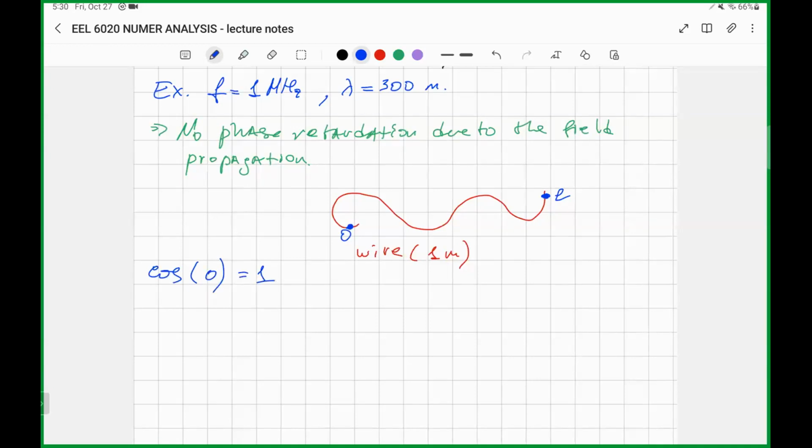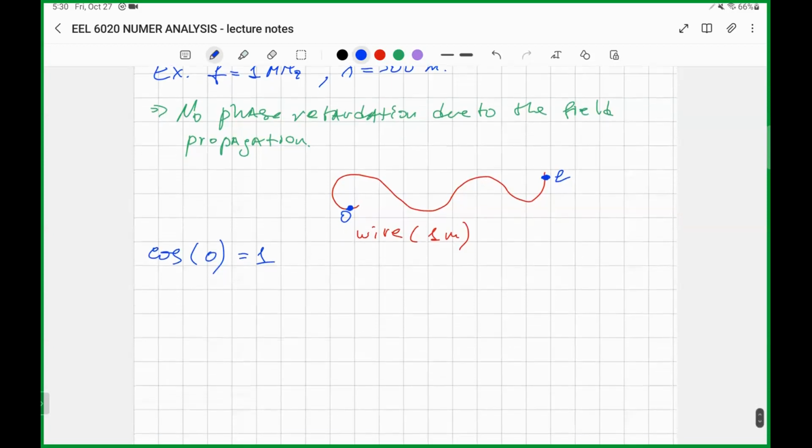At the same time moment, the same field at the coordinate L would be cosine kL. Here k is 2 pi over lambda, the wave number, and L is 1 meter, the length of the wire.